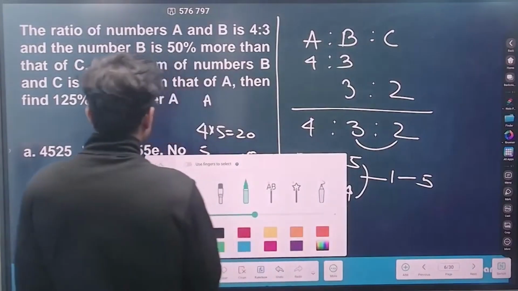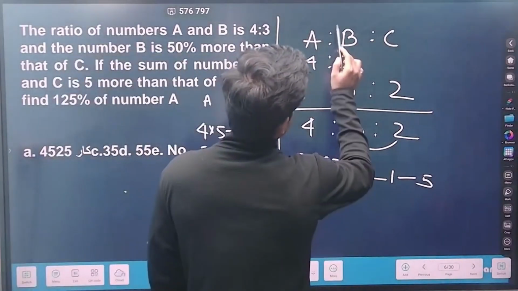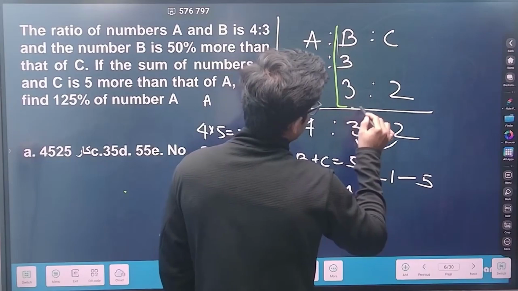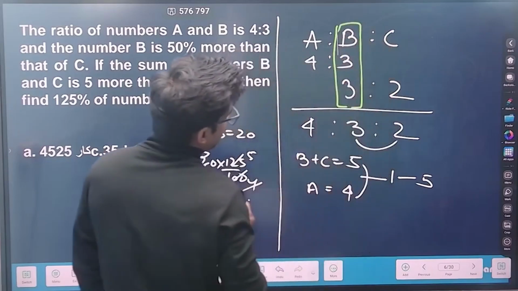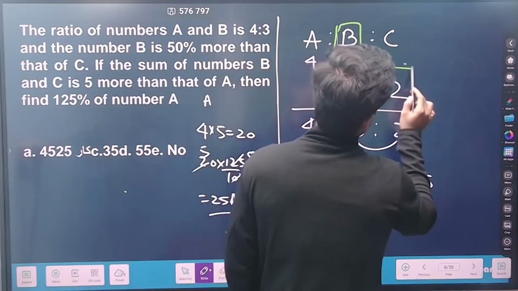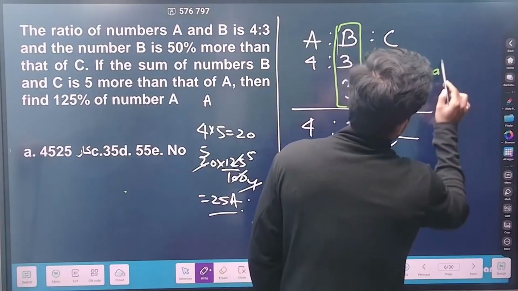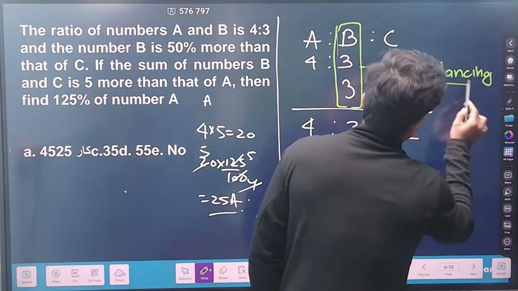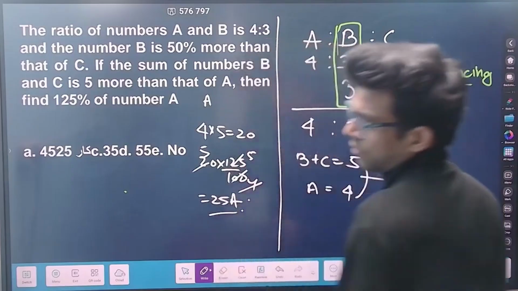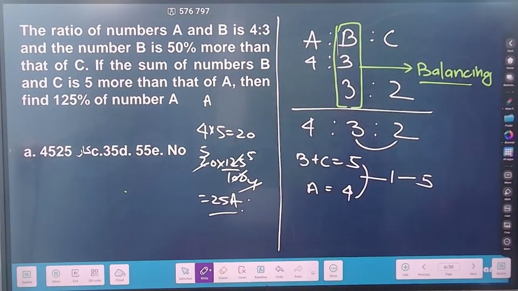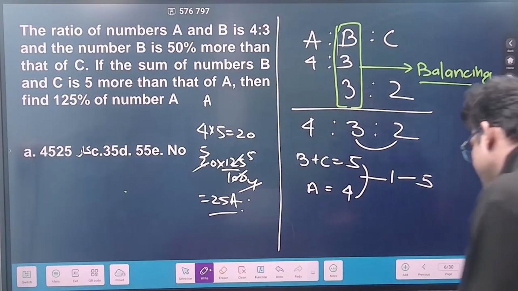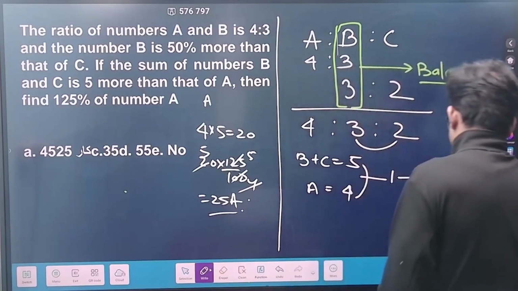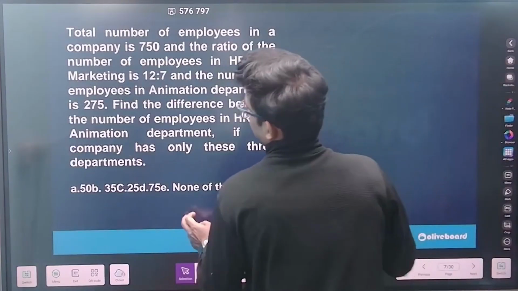If you remember, I needed 3 to be common, so I used the concept of balancing. This one is already balanced, so I have done nothing. Let's try this again. A very good question.